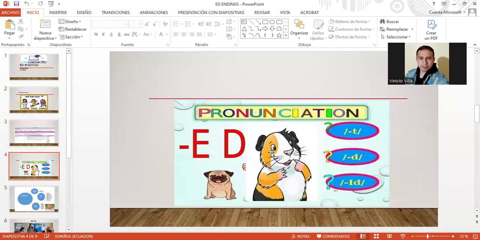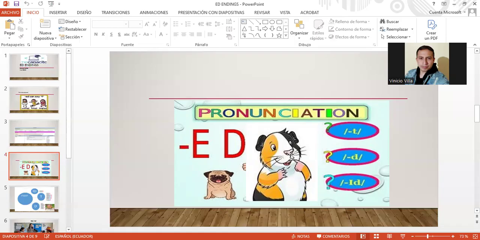Once I have shown them, I'm going to teach them the following flashcard about pronunciation. Maybe you're wondering, what are the pets doing there in the picture? Well, here I have a guinea pig. The guinea pig is very common in our culture.